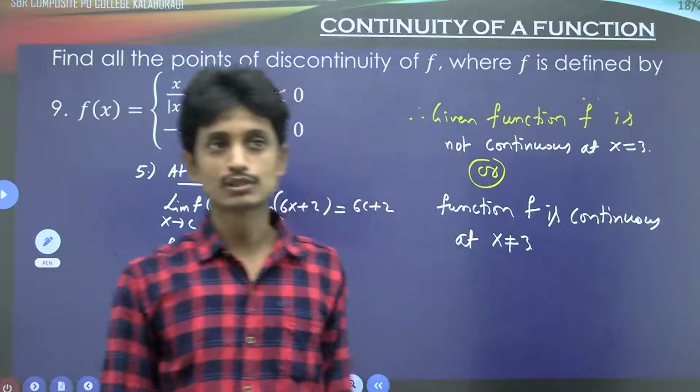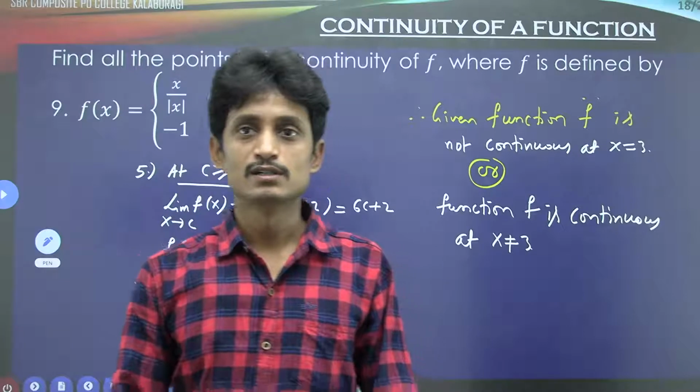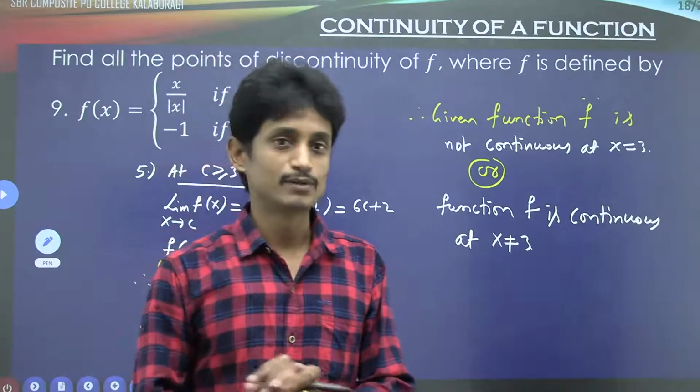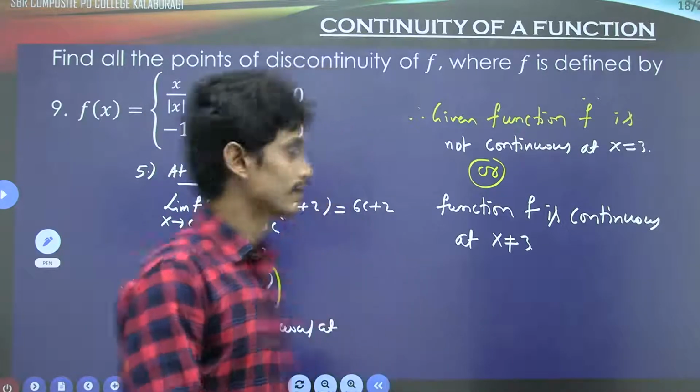X is not equal to 3 means that for the remaining values we may consider all the real numbers. Understood? This is the one problem.